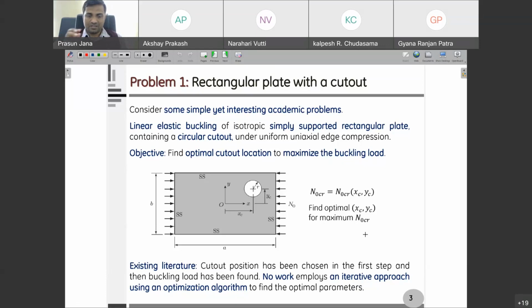You just choose certain locations and see which location is better. That may not be a true optimum, unless you approach this problem with a standard optimization technique.